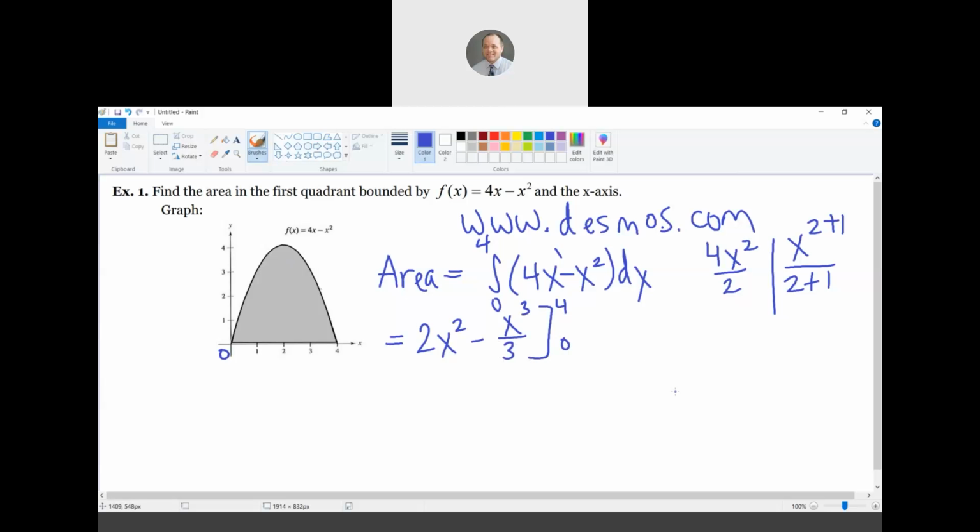Now we're ready to find the area. And according again to your fundamental theorem of calculus, plug in your upper limit of integration first. So everywhere we see an x, we'll plug in 4 first.